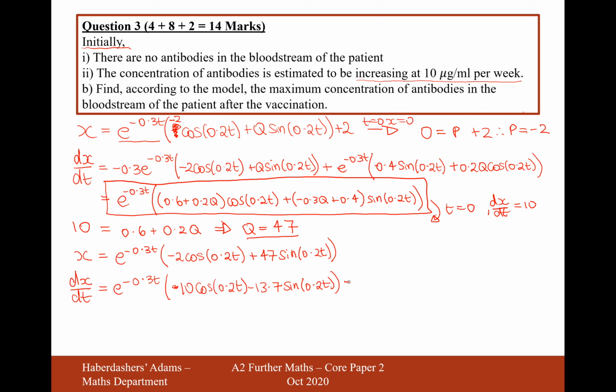Now, given that we want to find a maximum point, we'll set this thing equal to 0. So what do we do to solve this? We can cancel out the e, because e is never equal to 0. So it's just going to be this expression inside the bracket: 10 cos 0.2t minus 13.7 sine 0.2t equals 0.